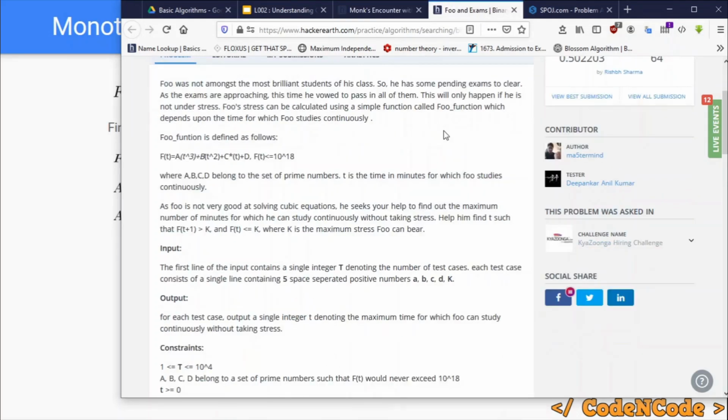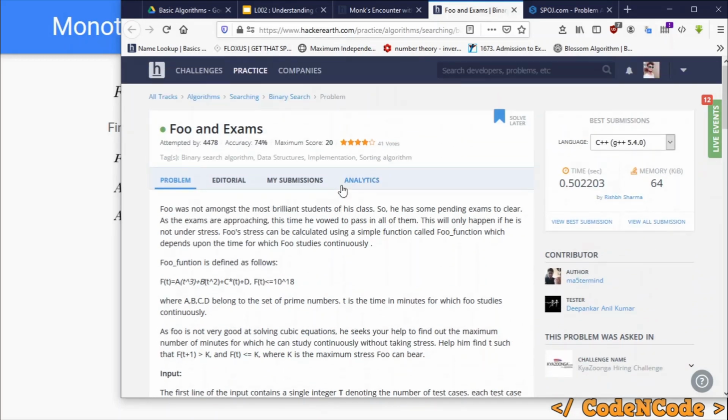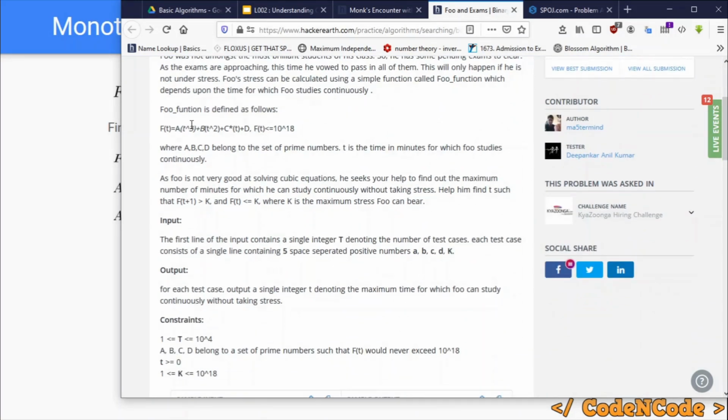There is a similar problem in the exams, but with a cubic function instead of a quadratic function. So you have to find the smallest t such that f of t is smaller than or equal to k, but f of t plus 1 is strictly greater than k.